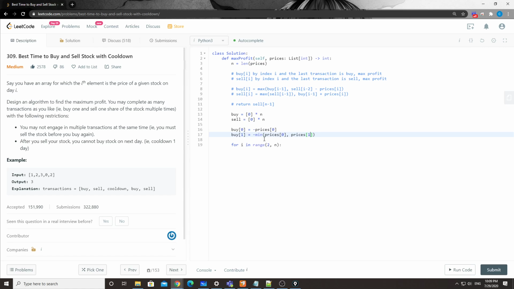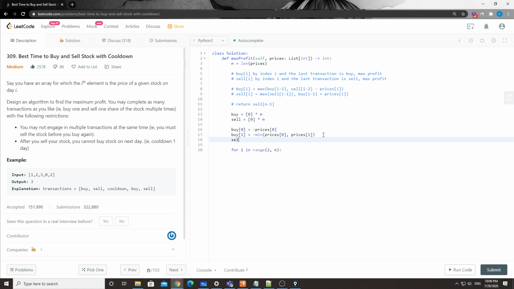Since for buying we're spending the money, to get the maximum we want the smaller absolute value, the smaller price, since we're spending that money, okay?